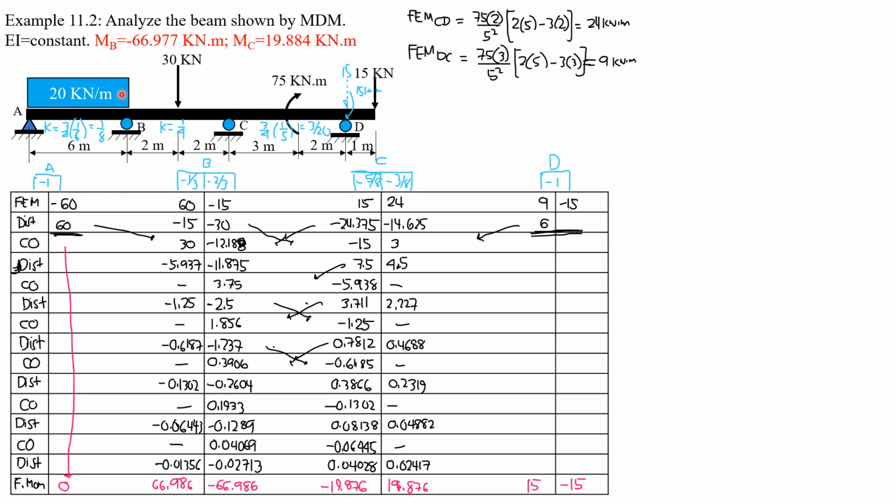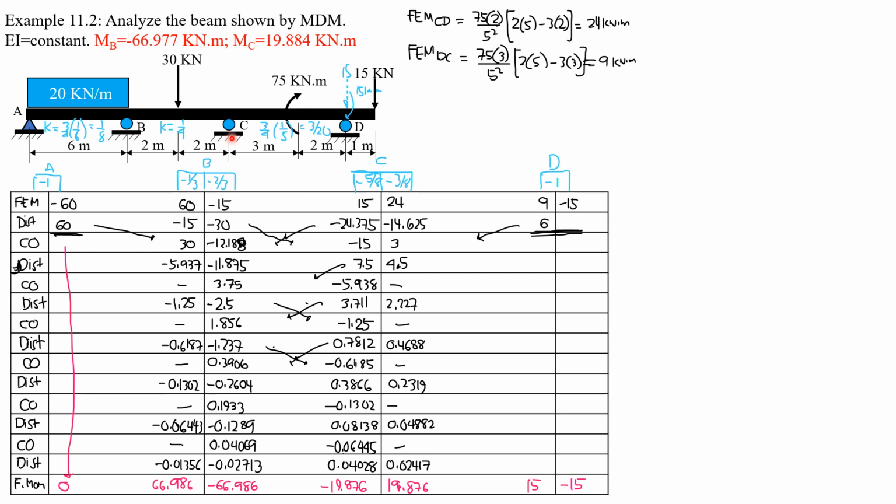By symmetry, at B it is the positive of the fixed moment at the left, so it is positive 60. For BC, it is also symmetric. The fixed moment at B is -30 times 2 square over 4 square, so negative 15. So that's why at C, fixed moment CB is positive 15.